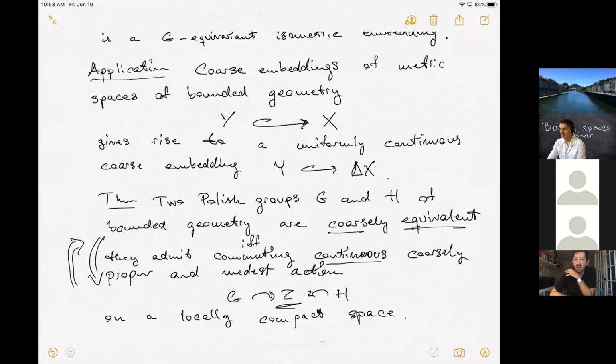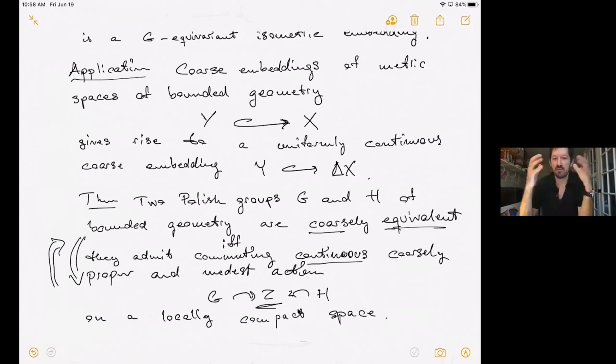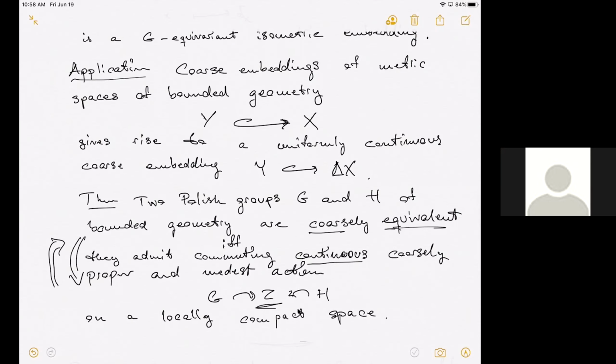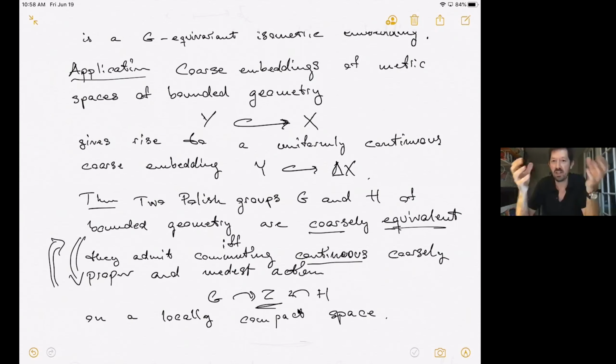The difficulty lies in going from some coarse data, which is this very discontinuous map, to arrive at something which produces continuous actions on the same space. You need to start with a very discontinuous map and replace it by something which is uniformly continuous.